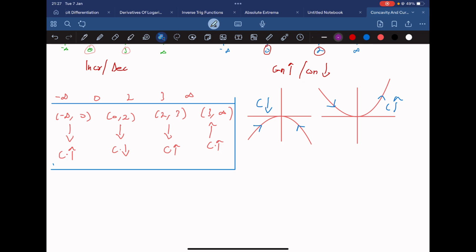So from negative infinity to 0, we got to see that the function was concave up. So concave up, we use this graph. Now for concave up, it shows that it's going down. So going down, we use this direction right here, as I've indicated. So it's going to look something like this.